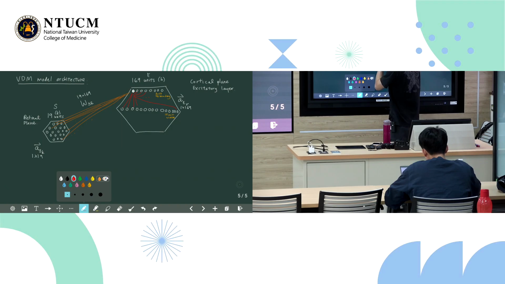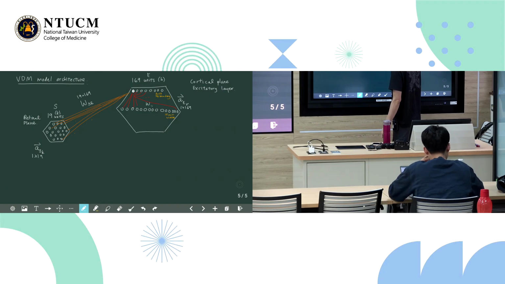So at the excitatory layer, each excitatory unit will also receive input from its other excitatory units, so that you are also going to get what we call W excitatory to excitatory.